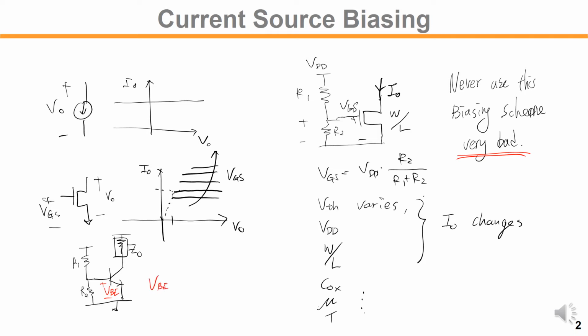This VBE always approaches 0.7 volt. This is a very strong clamping, meaning for different variation of R1 and R2, the voltage across R2 would be approximately 0.7, which will create the voltage and current level through R2, and the current going into R1 and R2.